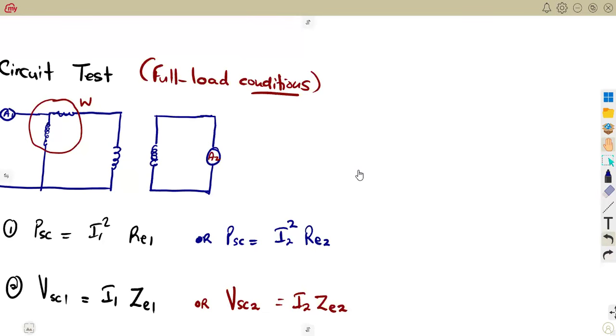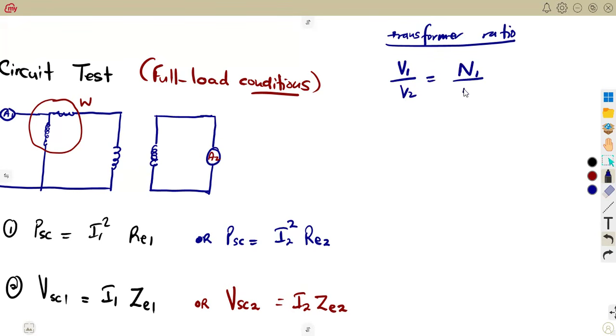So in terms of our transformer ratio, since the low voltage winding is normally short-circuited, we're going to have V1 over V2 equal to N1 over N2, as we are used to, and in terms of the currents, I2 over I1.